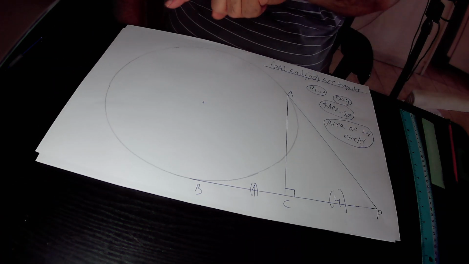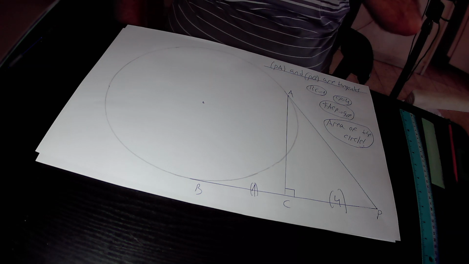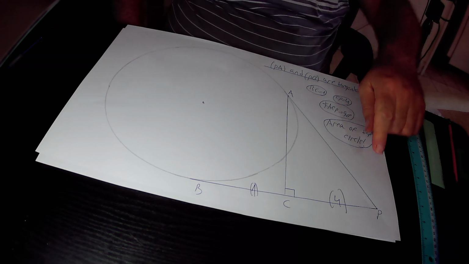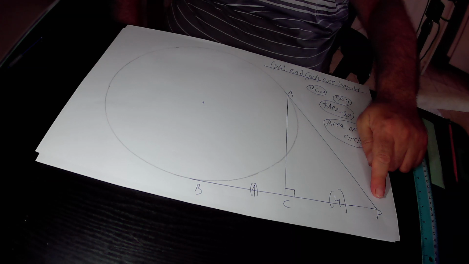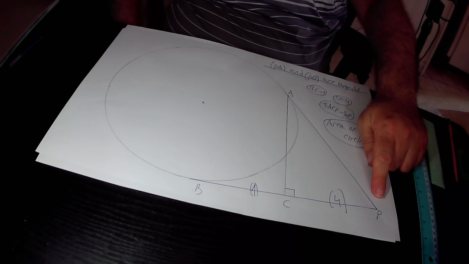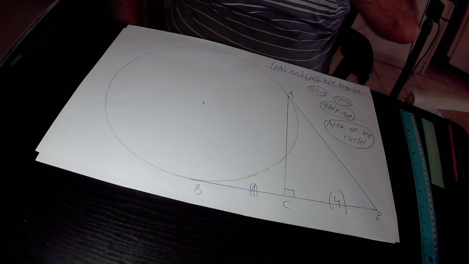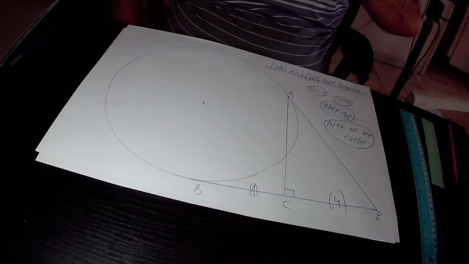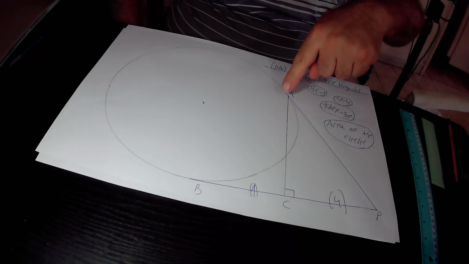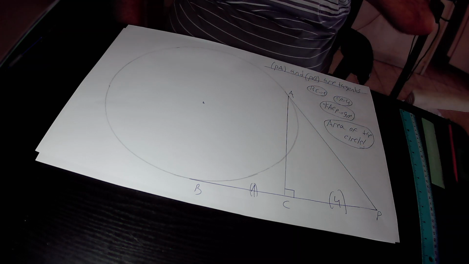In the drawing we have a circle, and this is the common outside point P. From this common outside point P we have two tangents to this circle, tangent PA and tangent PB. In addition we have the right angle ACP.